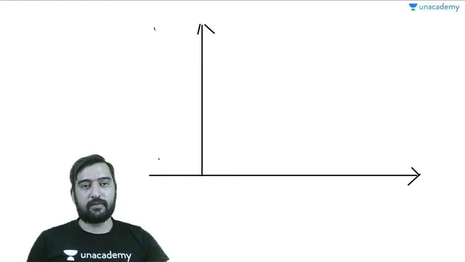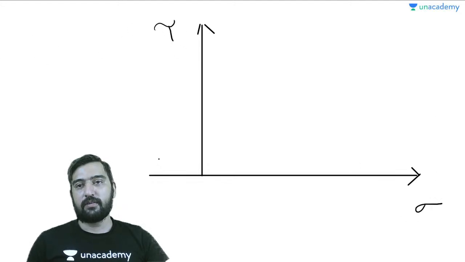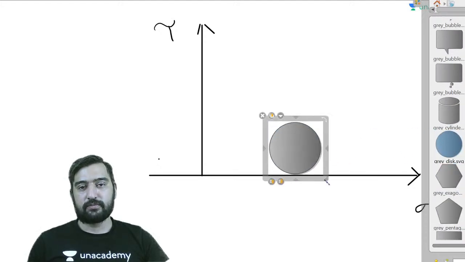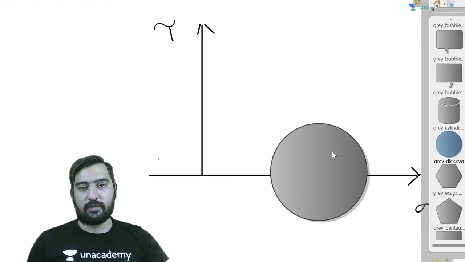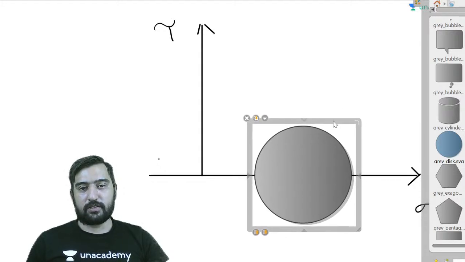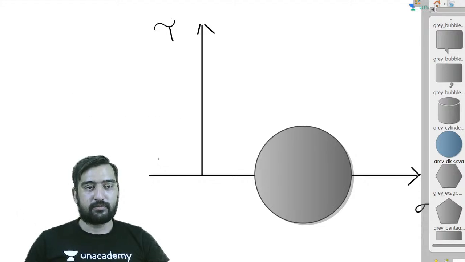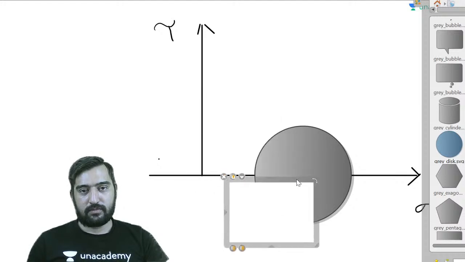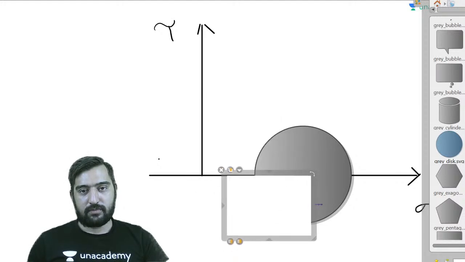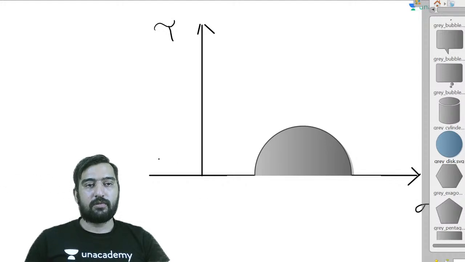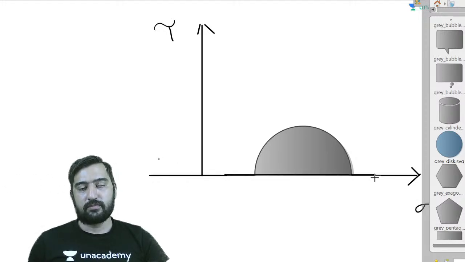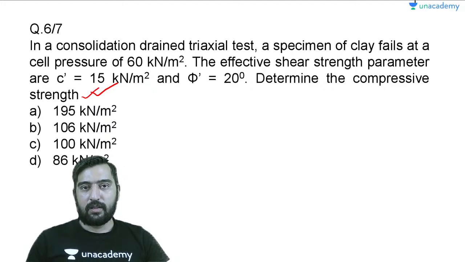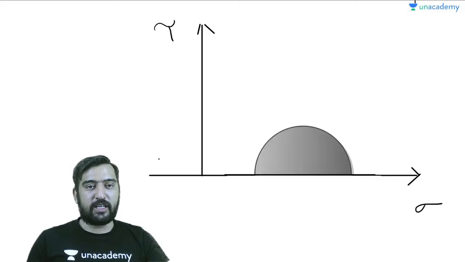This is the shear stress, this is the normal stress, and this is going to be the cell pressure, which is 60. Let me write this. 60 ये हो गया और phi का वैल्यू 20 हो गया, c' का 15 हो गया.